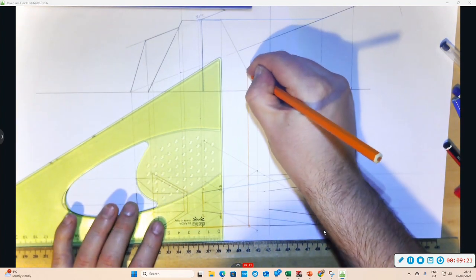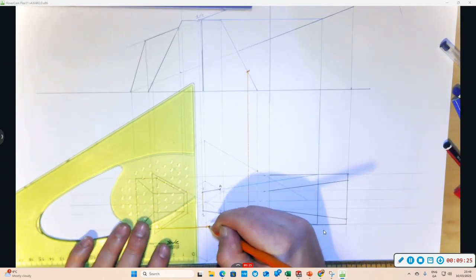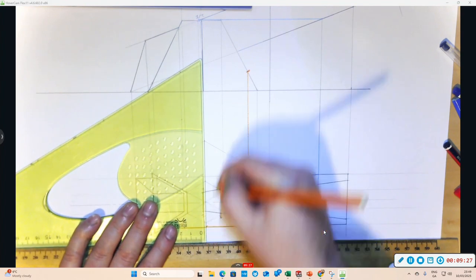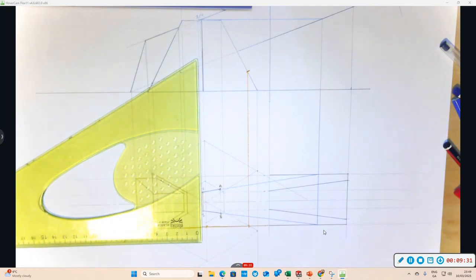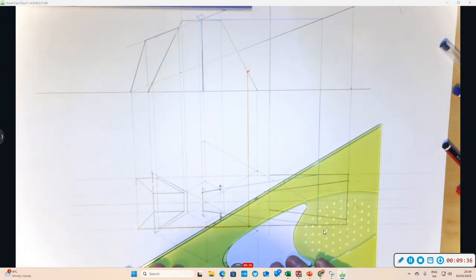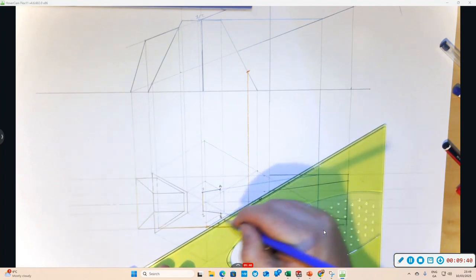Now, this is where I run into a problem. This is the other one, but how do I get that in elevation? I don't know how high up to go. Parallel lines are parallel in every orthographic view. So I'm going to draw a line parallel to the small side of the hexagon here. So there it is in blue.